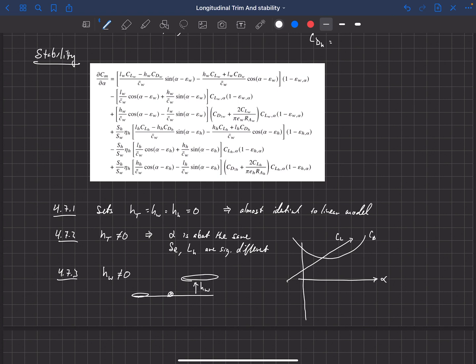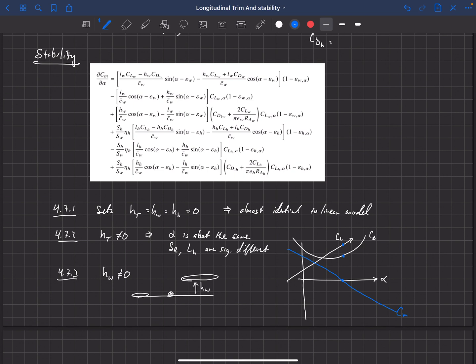And then usually what we're used to happening is that at some trim point, so let's say we're trimmed at this angle of attack, we have this drag coefficient and this lift coefficient. From the linear model, we're used to thinking of our pitching moment looking something like this, where we have some pitch slope, some pitch stability derivative that must be negative in order for this to be trimmed.